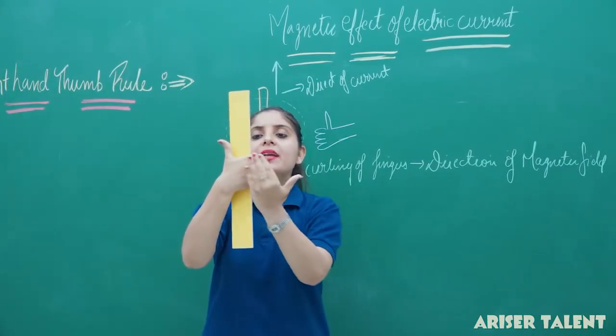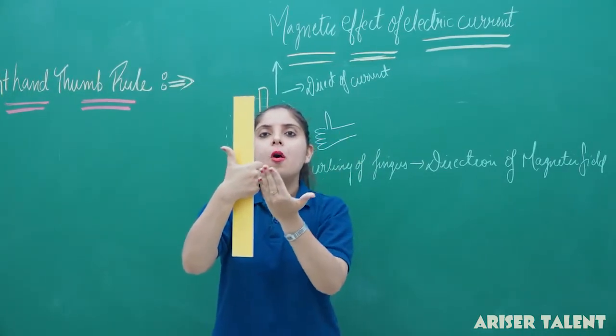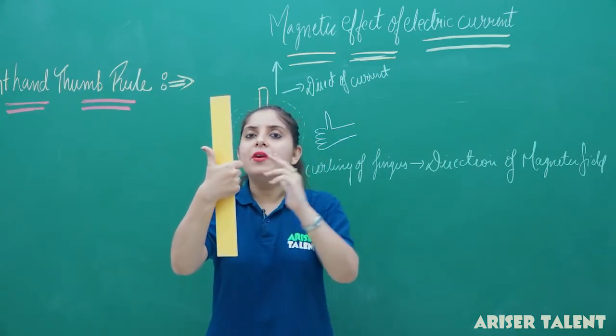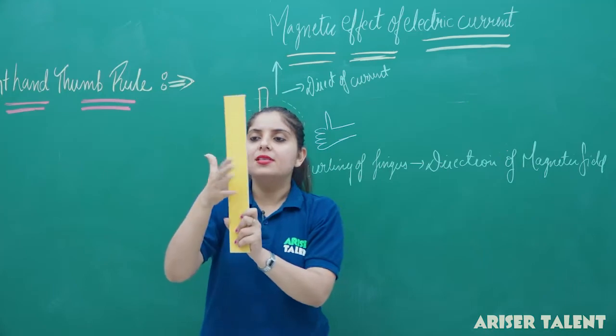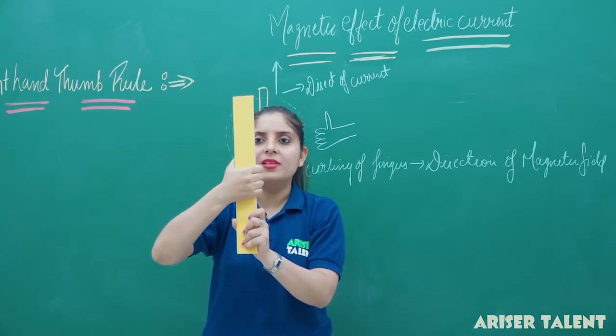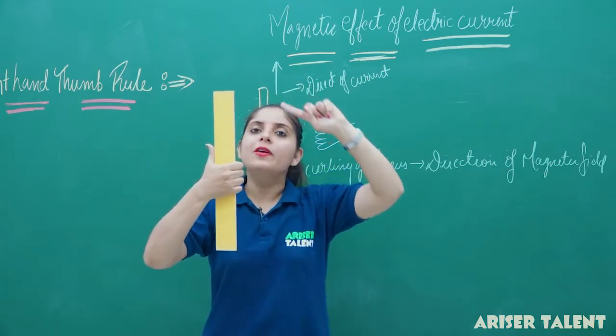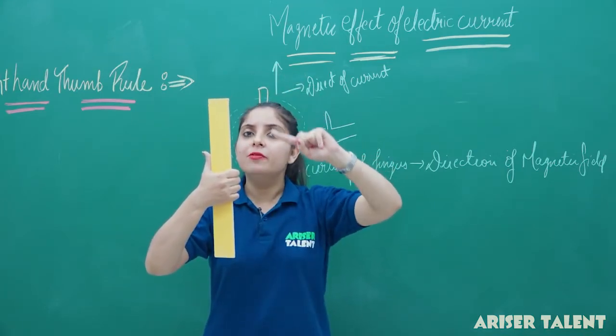Then if I curl the fingers from west to east, in the anti-clockwise manner, this thumb is pointing towards the north, so the direction of the current will be north.